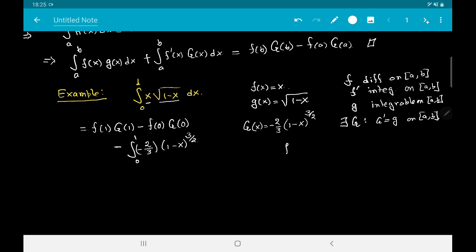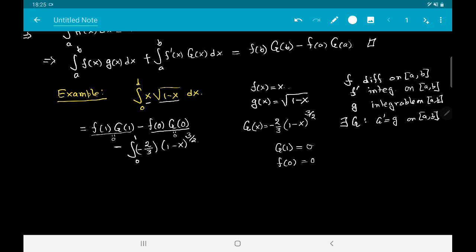Now what is big G of 1? We see that big G of 1 is equal to 0. And what is small f of 0? This is also equal to 0. So that means that this product is equal to 0. Also this product is equal to 0. What does that give us?